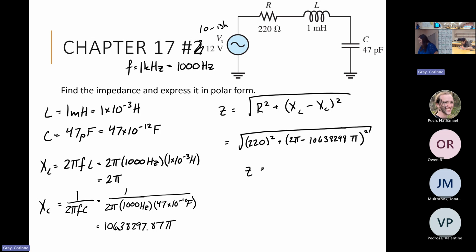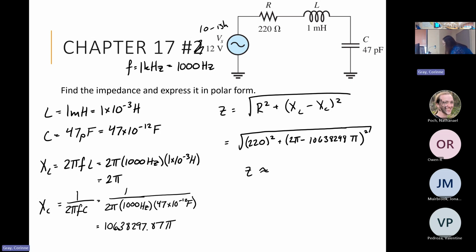So I'm gonna take a wild guess that Z is gonna pop out as approximately 1.06, or no. Sorry, it's gonna be close to this, but we should probably plug in the pi. Should have grabbed my calculator. 1.0638298.